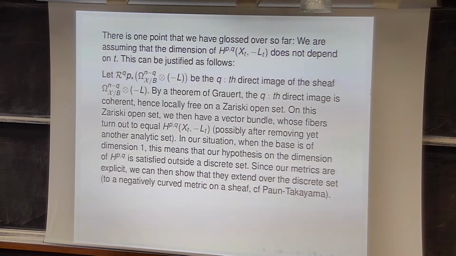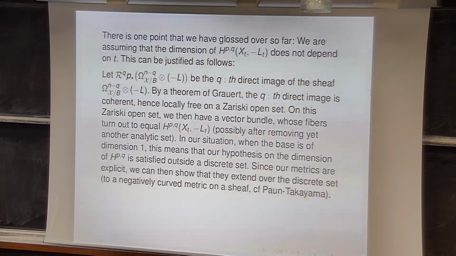Here's the explanation. So you look at the higher direct image of this bundle. This is essentially the bundle of n minus q forms on the fiber, and you tensor it with our line bundle, and you take the qth direct image of that.